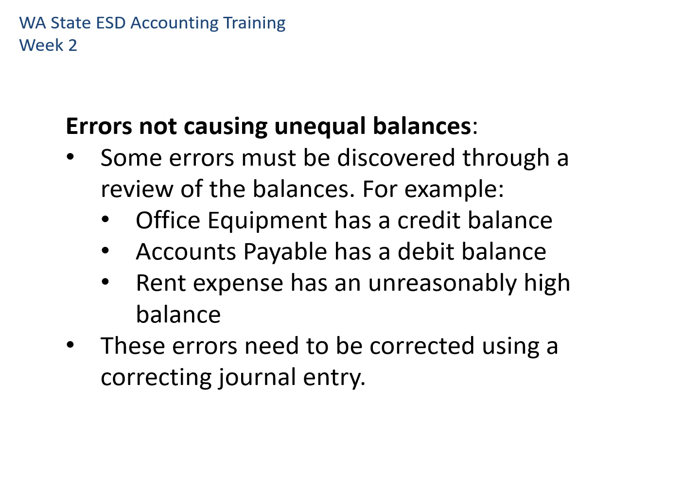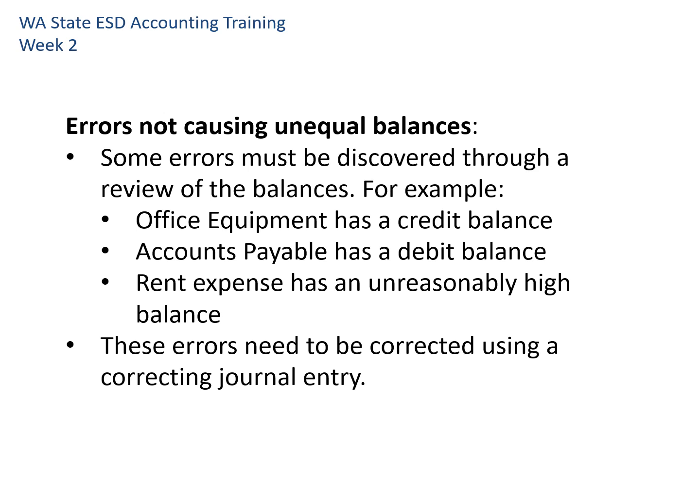There are also errors that are problems that we want to find when we look at this trial balance that aren't necessarily causing an unequal balance. So we may have accounts that have balances that are different than their normal balance. So they're different than what they should be. For example, we may have office equipment with a credit balance. That's impossible.